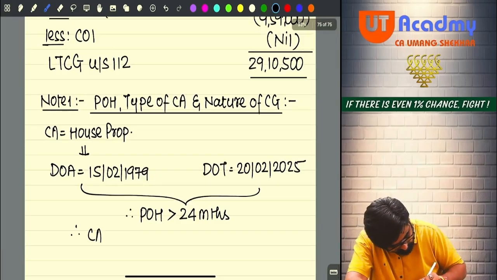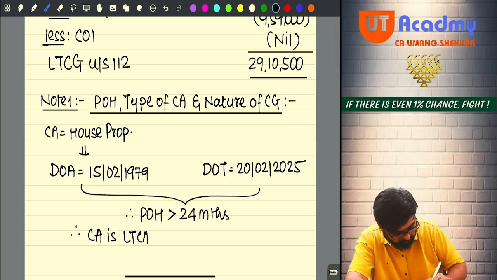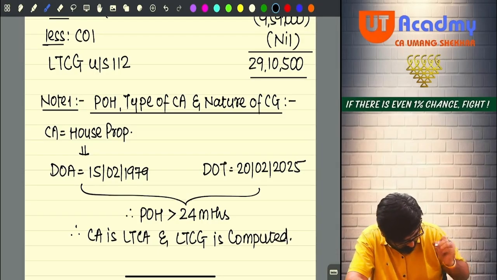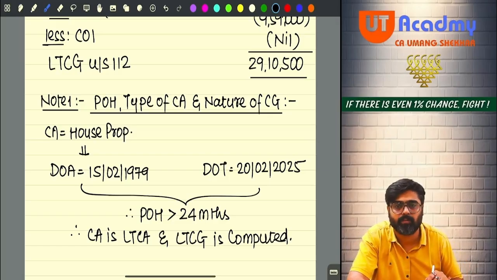Therefore, the capital asset is a long-term capital asset and LTCG is computed. This was my note number 1.